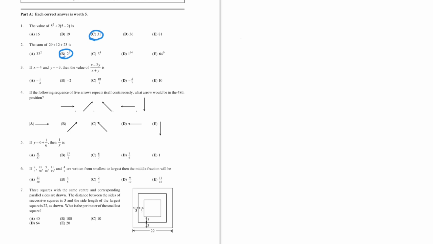Number 3, if x equals 4, y equals negative 3, then the value of (x minus 2y) over (x plus y). Plug in x equals 4 and y equals negative 3.